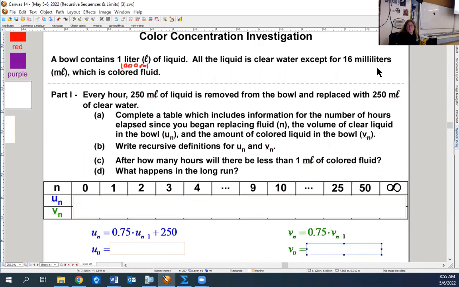If 16 of the milliliters are colored fluid, and there's 1,000 total, what number of milliliters are going to be clear? 1,000 minus 16, which is 984. Does that make sense, guys?